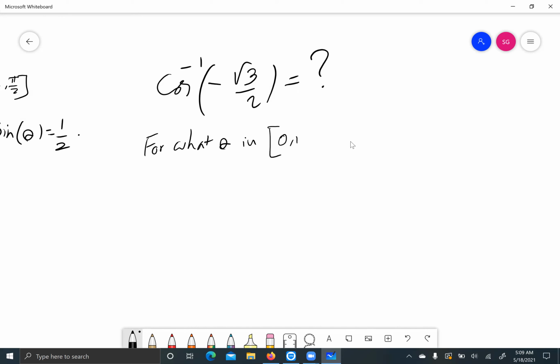It's between 0 and pi. So what is the angle between 0 and pi such that cosine of that angle is negative square root of 3 over 2? That's the question.